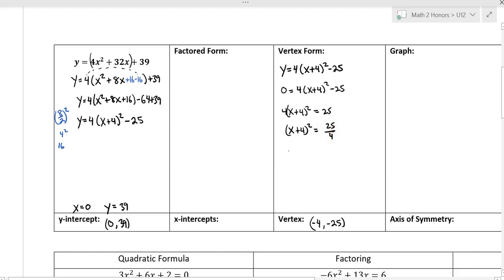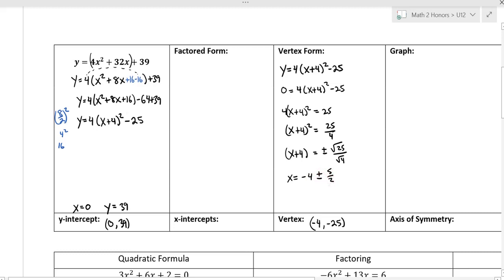Take the square root of both sides and you get x plus 4 is equal to plus or minus the square root of 25 over the square root of 4. And then subtract 4 from both sides, and we get x is negative 4 plus or minus 5 over 2.